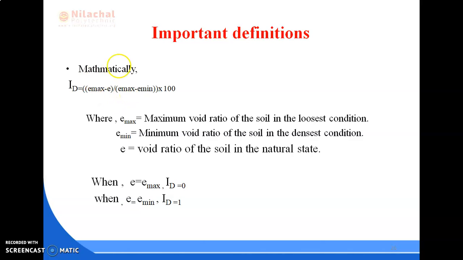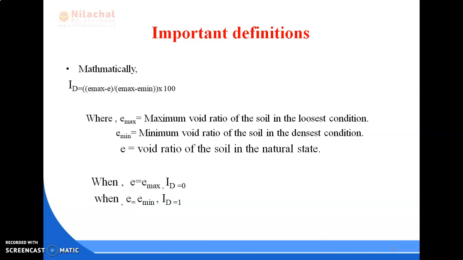Where e max equal to maximum void ratio of the soil in the loosest condition. Loosest means whenever the soil is in a loose state, there is obviously more chance of voids; if voids are more, the void ratio is also more. If the soil is in a denser state, it has fewer voids, so the void ratio is also small.